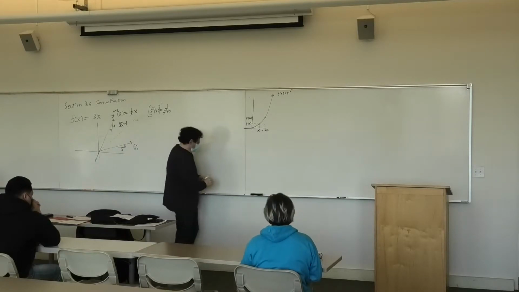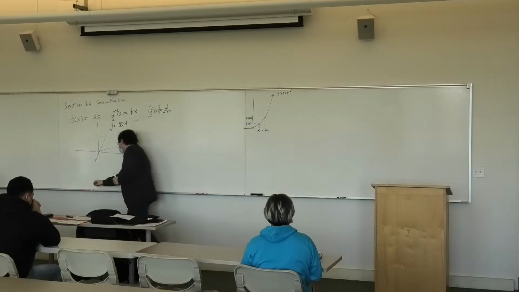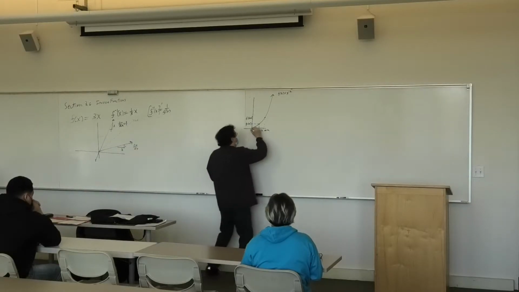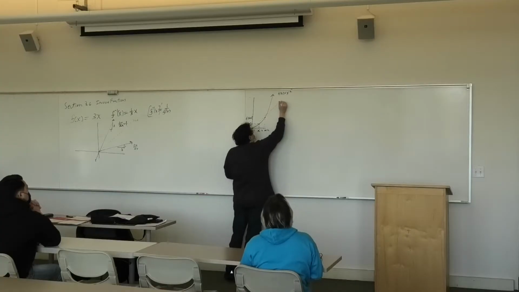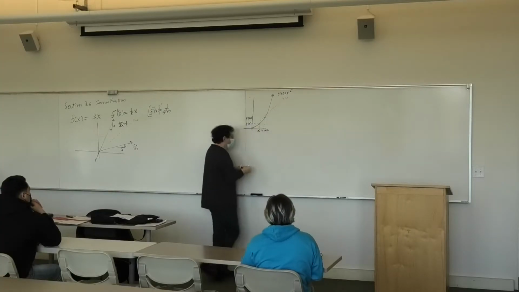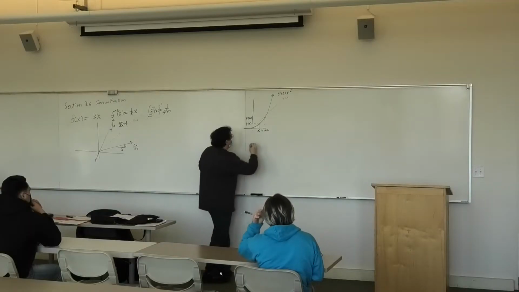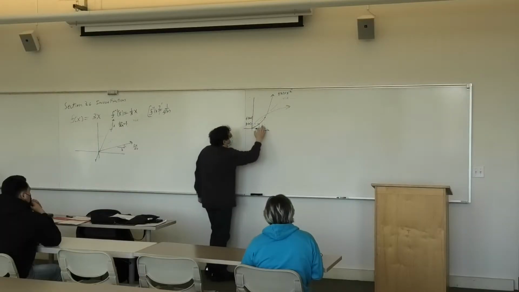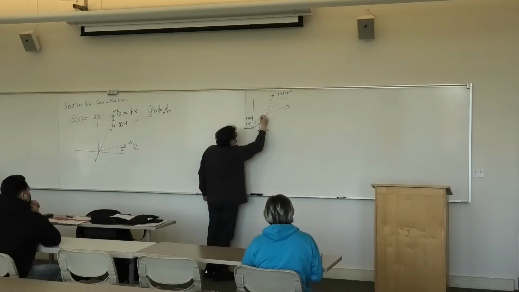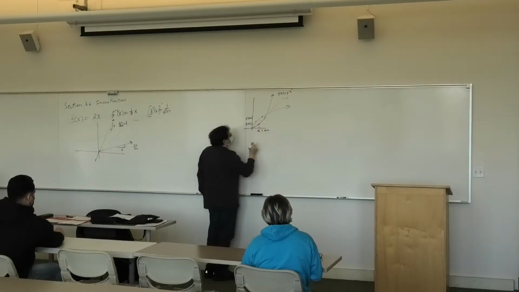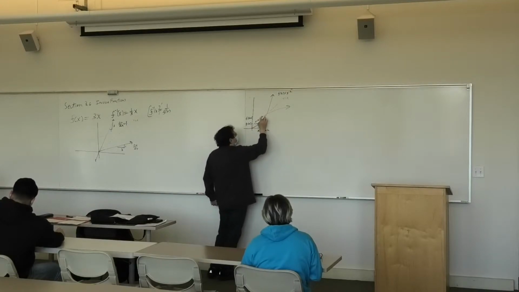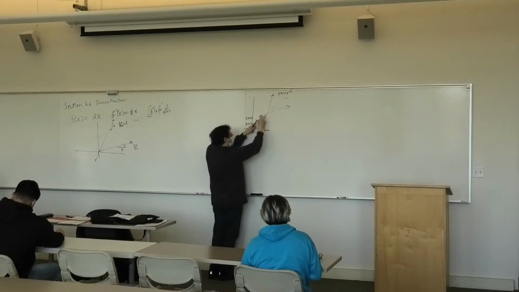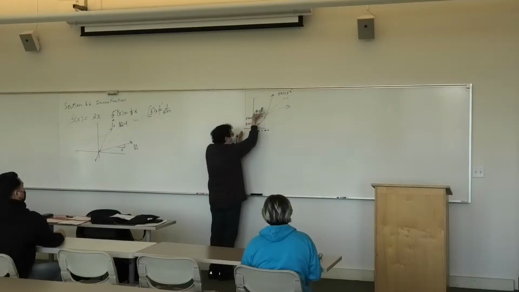Well, thinking about this idea that we're reflecting to get the inverse along the line y equals x, we end up with an inverse function, and reflecting these points here, do the best I can, we again see that we have 2 points now, and as h decreases, we get a tangent.